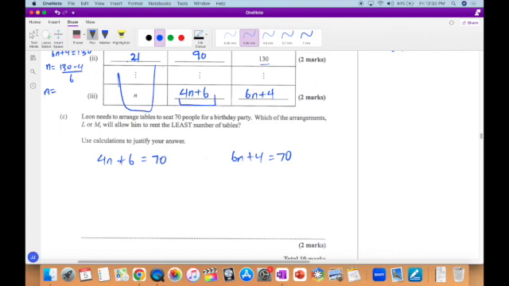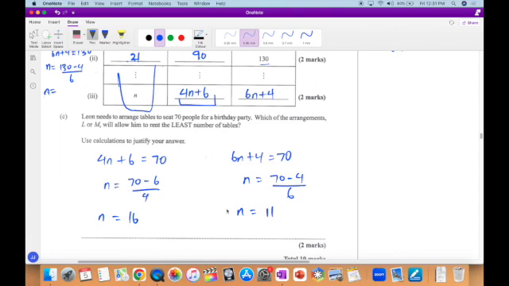So n in this case will be 70 minus 6, divided by 4, and n in this case will be 70 minus 4, divided by 6. So n here is 64 divided by 4, which is 16, and n here is 66 divided by 6, which is 11.